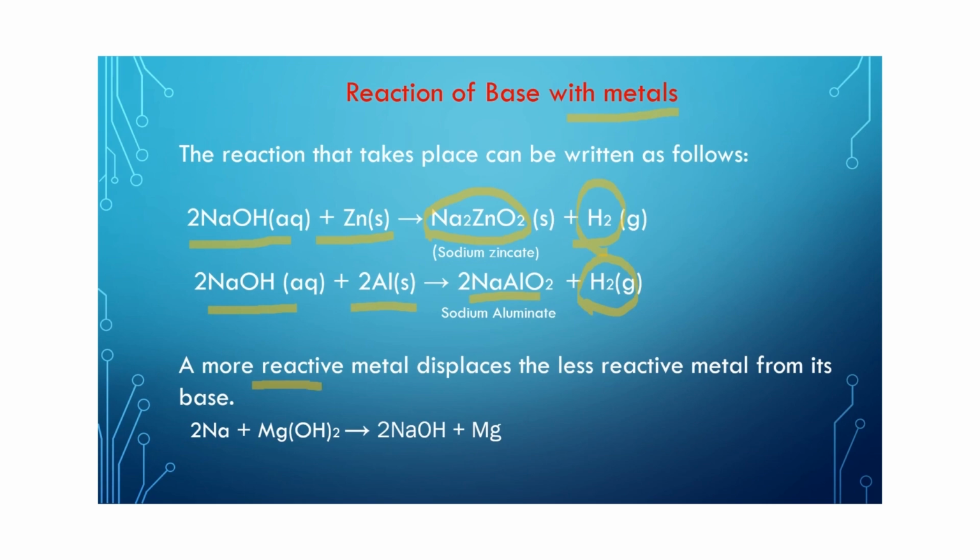When a more reactive metal is there, it can displace a less reactive metal from its base. For example, when sodium reacts with magnesium hydroxide, sodium being more reactive will displace magnesium and will form sodium hydroxide. So you can see that metals react with bases in different fashions.